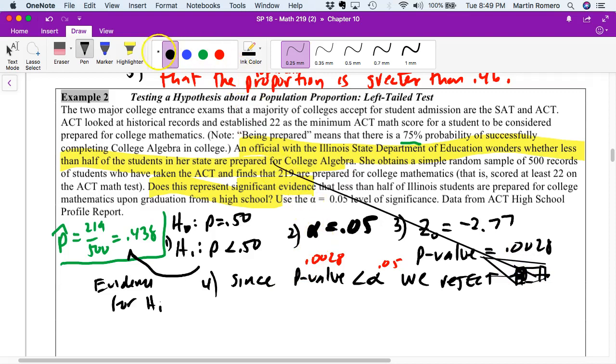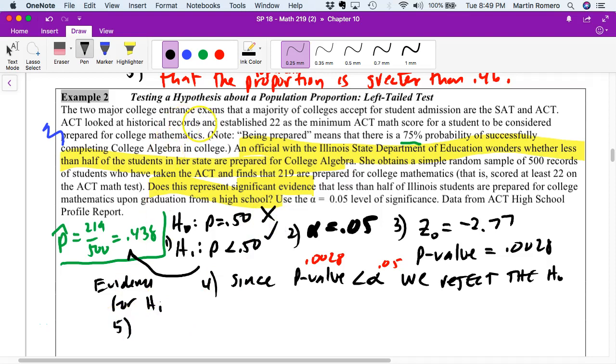When that happens, we reject. Let's fix this. We reject the null hypothesis. So we're saying this is not true, and we're saying that's true.